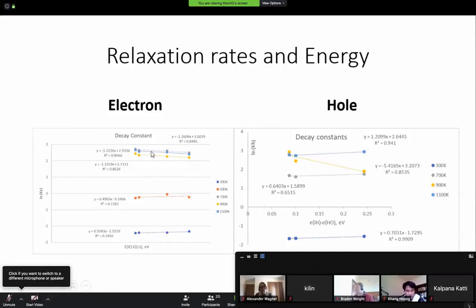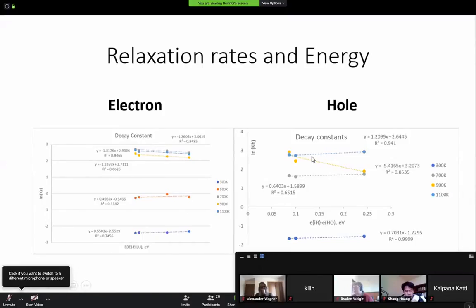So you see here that the 700, 900, 1100 Kelvin graphs seem to follow the band gap law perfectly. However, the 300 and 500 Kelvin graphs show a very limited correlation with the band gap law.